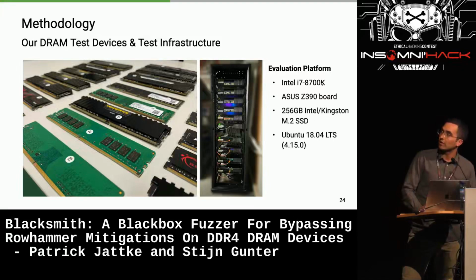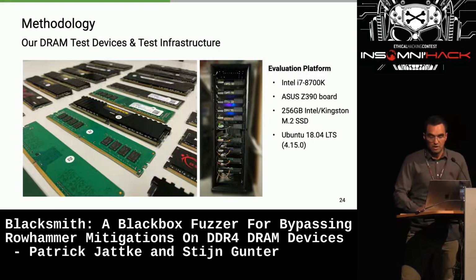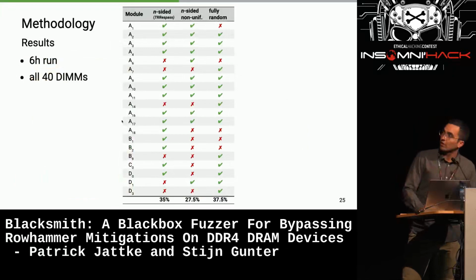We used a very common platform, a normal PC platform with an Intel i7 8700K, running Ubuntu. And here you can see the results of our first experiment. Here we only report the devices where we could trigger bit flips at all.